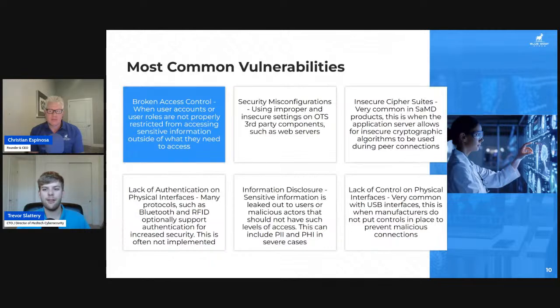A common problem that we'll see is on a device, there will be a USB port that's intended for like an update, or it's intended for just data transfer, but it allows for executable devices to be put in, or removable media, or a mouse or a keyboard, or a hot plug attack. There are a lot of different things that it allows when it should only allow for that data transfer or for that update package.